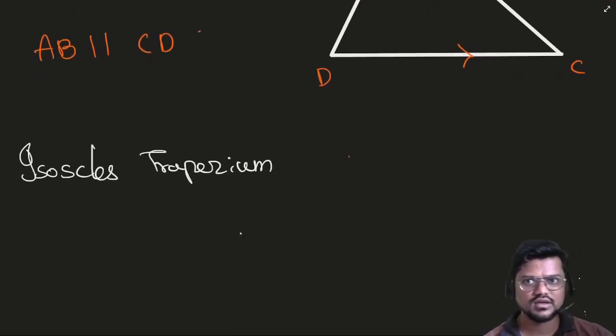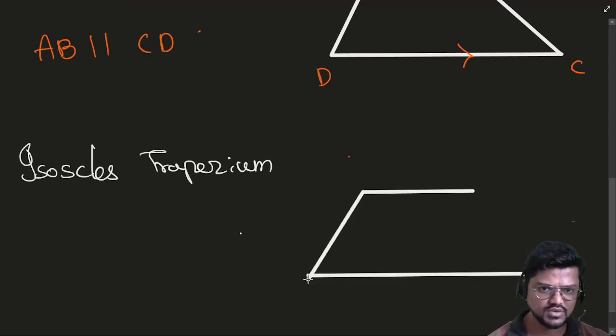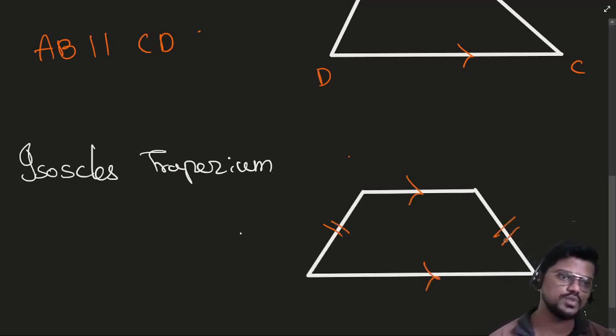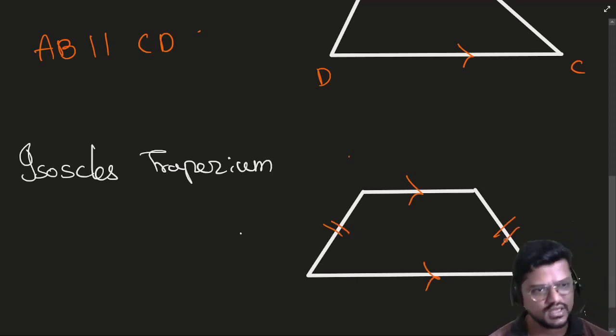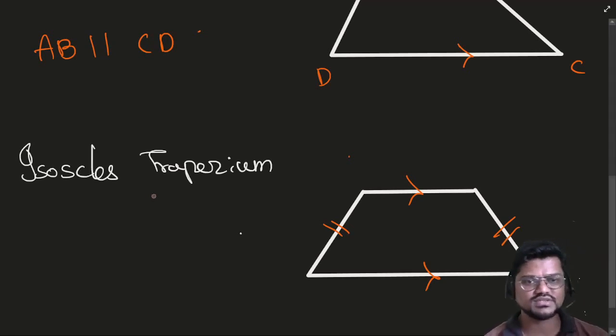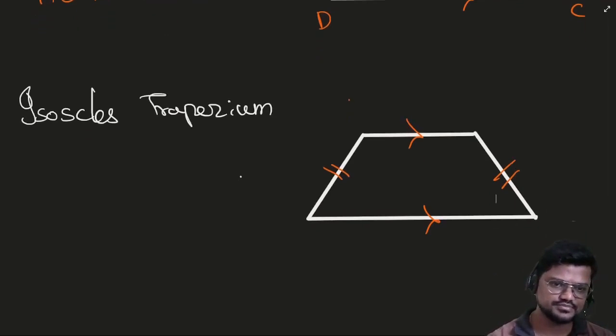In the same way, it also has two parallel lines, but these two distances are the same. One set of opposite sides is parallel and the other set of sides is equal, but not parallel. In this case, this figure is an isosceles trapezium.